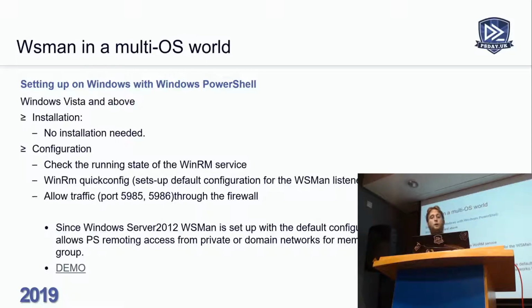Since Server 2012, the default setup is you're good to go in a domain or private environment. That has the point that you have to secure it if you set up a system like that, and if you don't want PowerShell remoting to be enabled, which personally I would always want to be enabled, you have to check where connections are enabled from.